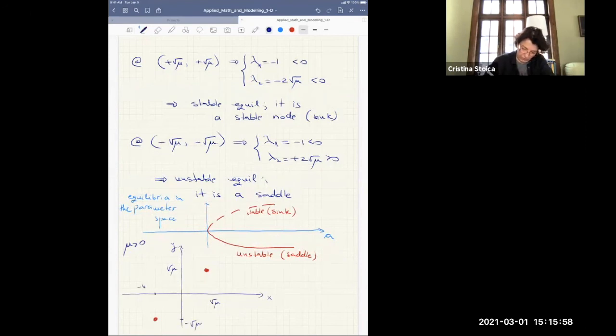Minus root mu. And now if I want to do a drawing, right, this is a saddle. Which one? This is a saddle and this is a sink. So for this guy, everything comes in from all directions. Okay. Whereas for this one, well, some are coming in, some are coming out, right?